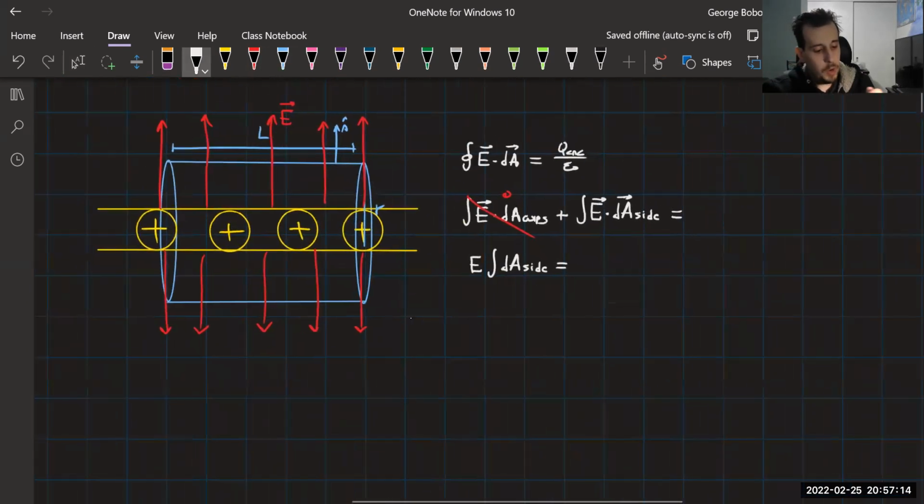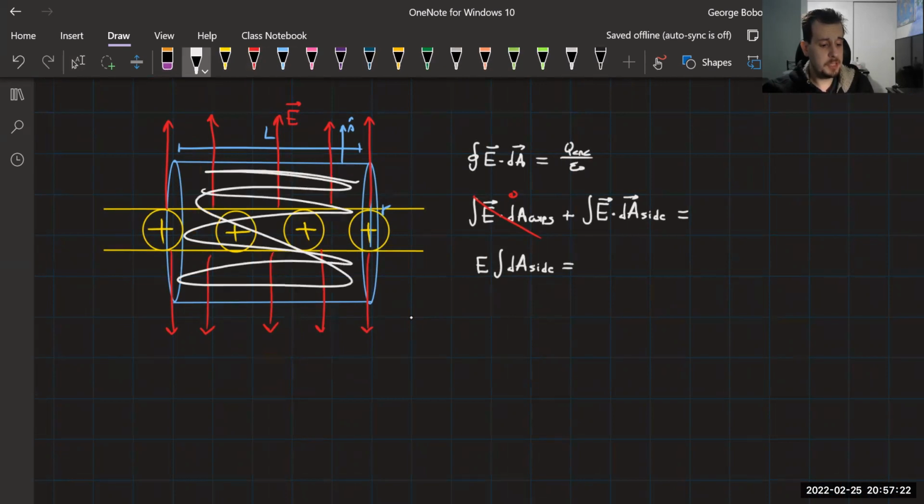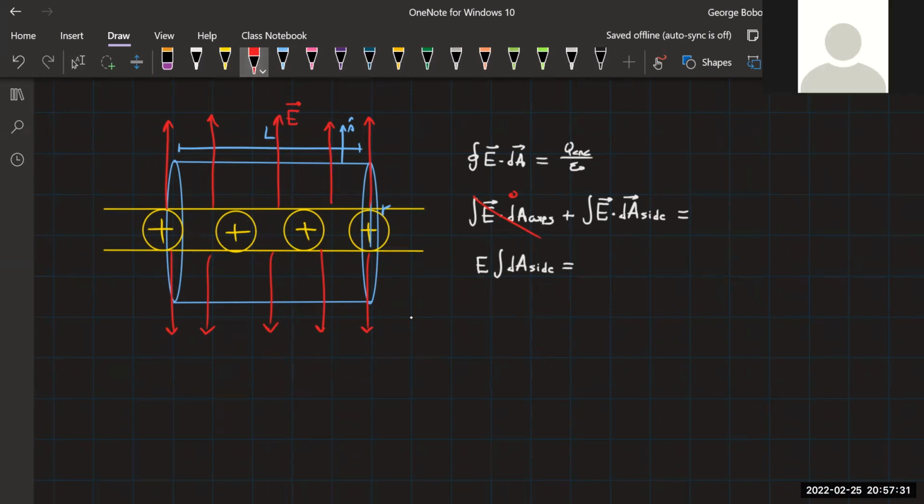So what is the area of the side? Can Grace take it for me? I want the area of the side of the cylinder. Pi r squared h? That's the volume. No, 2 pi r h, and here h is L.